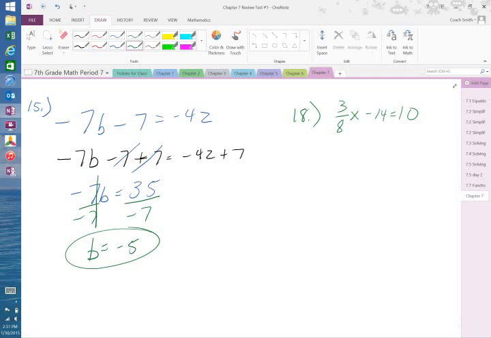All right, 3/8x minus 14 equal 10. 3/8x minus 14 plus 14 equals 10 plus 14. The minus 14 and the adding 14 cancel, leaving me with 3/8x equals 24.